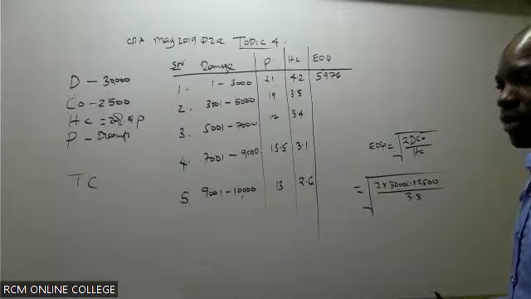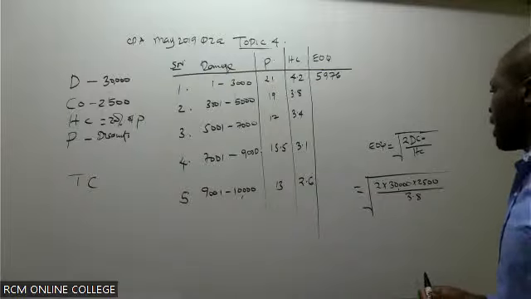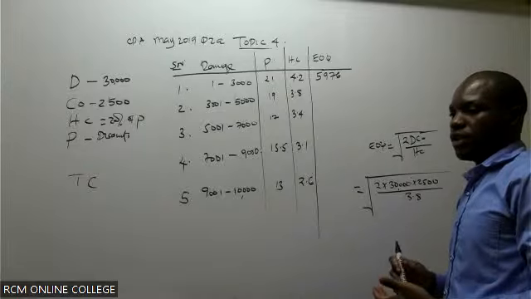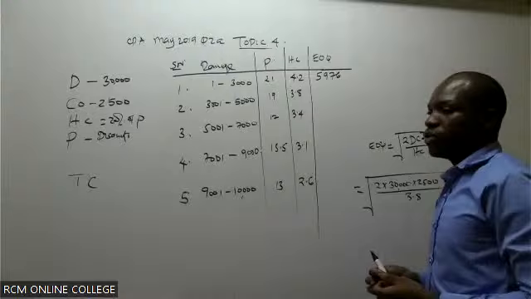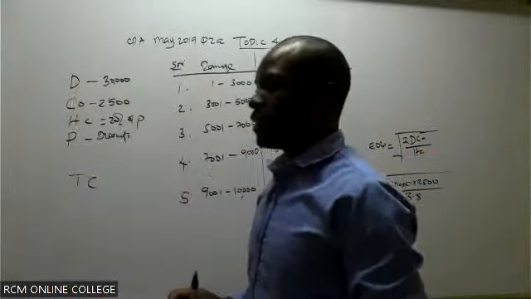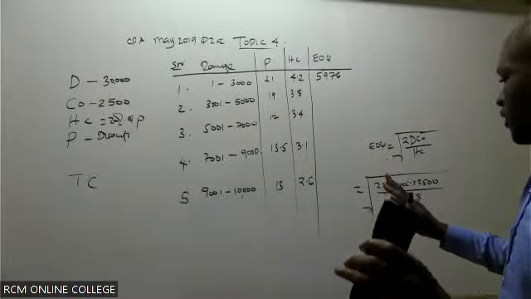DC anapata ngapi? 5620. 6283. Watu wanafanya vitu zingine hapa, wanakosea. You must be having 1986. Wow. Watu wanakosea. We must have the same answer, 6283. It is going to make you have issues.